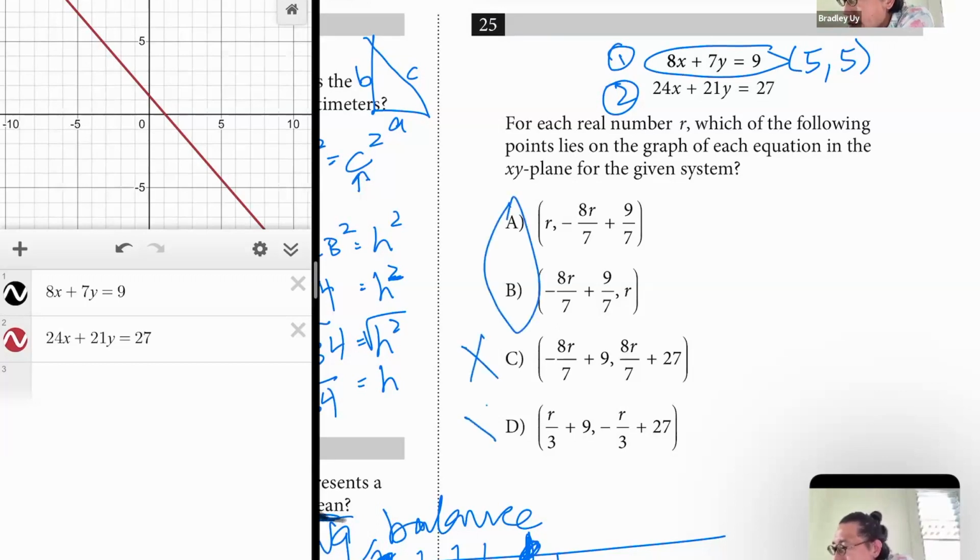C and D, I would not choose. The reason why is because these, I guess, how would I explain it? The reason why it's A and B is you either choose your x value and give it a variable. Once you select your x value, the y value is based on whatever you chose as your x, okay?